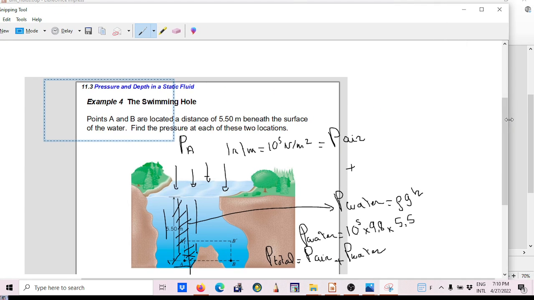So it's going to be equal to 10 to the 5 plus 10 to the 5 times 9.8 times 5.5. So why don't you do the computation?